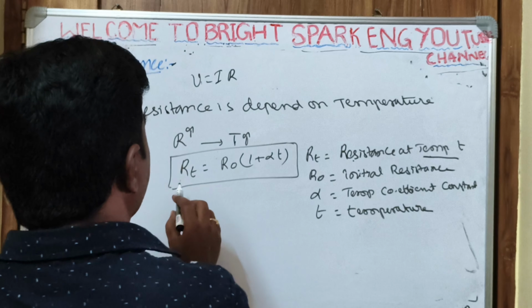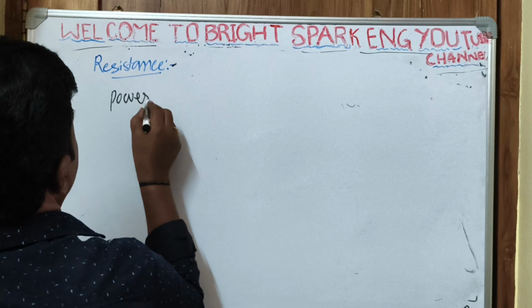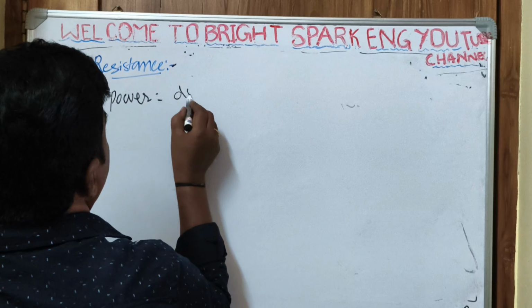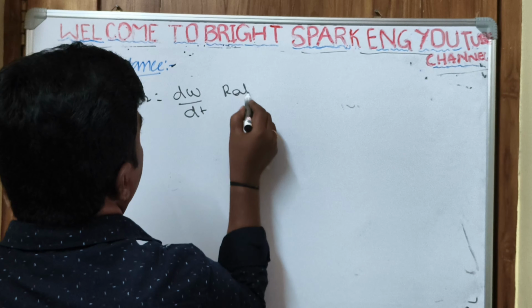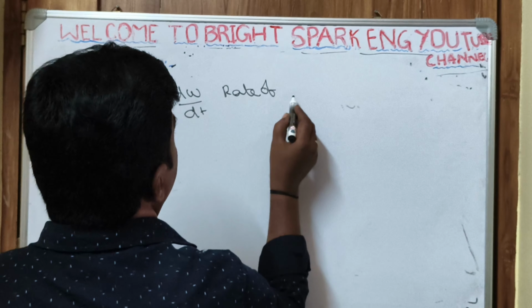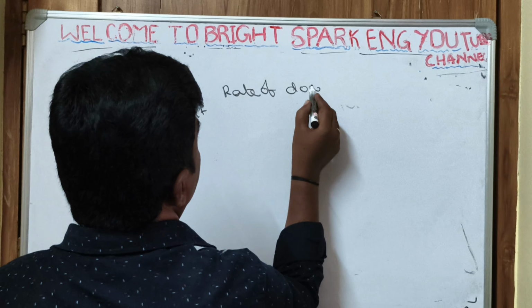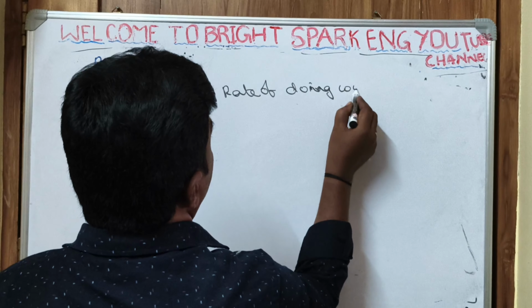Okay, next, power. Resistance in power. Power is equal to dW by dt, the rate of doing work.